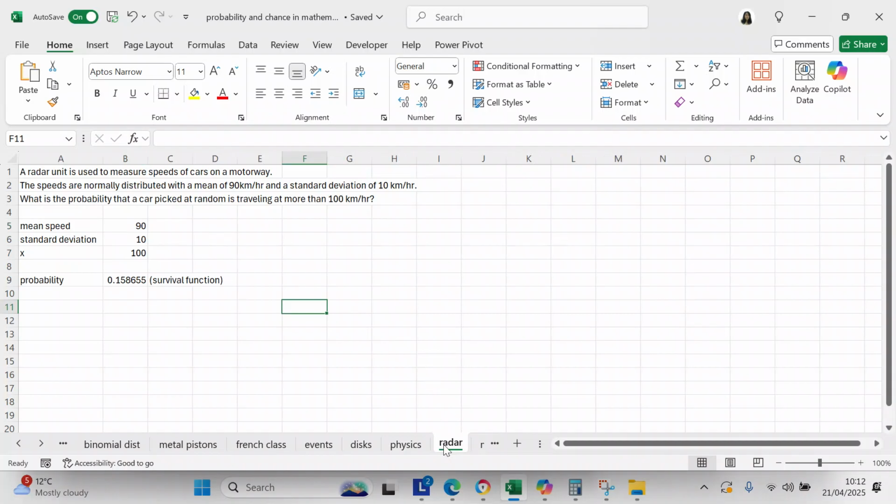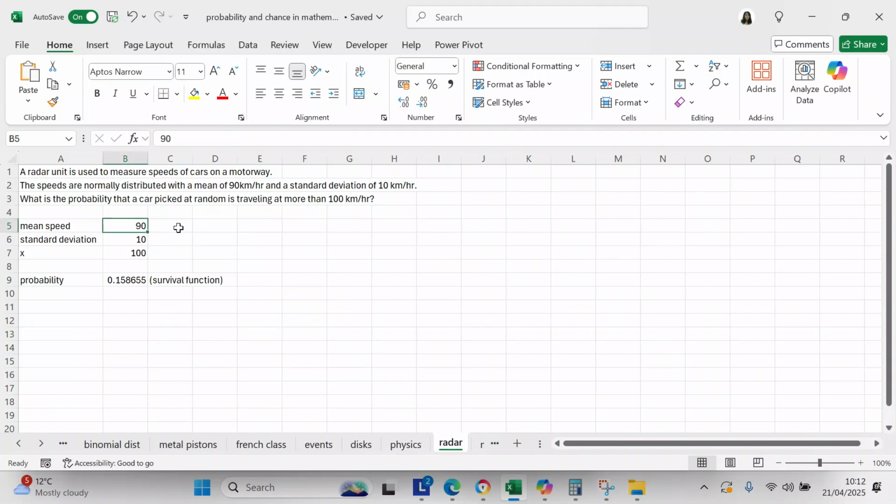So now we have a question concerning a radar. A radar unit is used to measure speeds of cars on a motorway. The speeds are normally distributed with a mean of 90 kilometers per hour and a standard deviation of 10 kilometers per hour. What is the probability that a car picked at random is traveling more than 100 kilometers per hour?